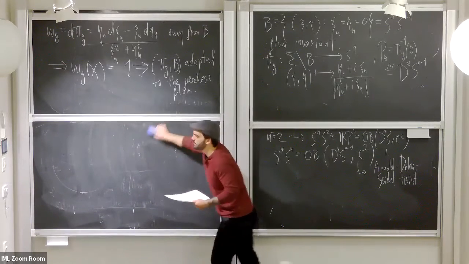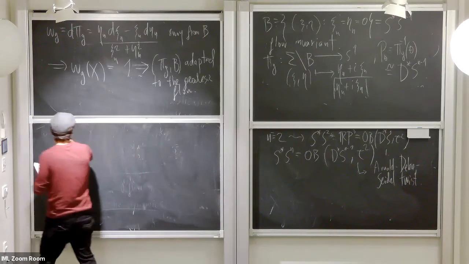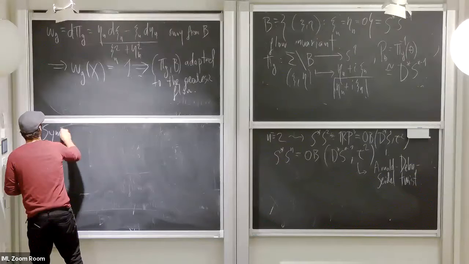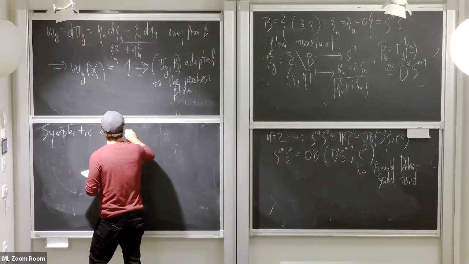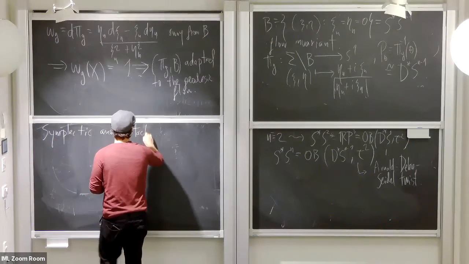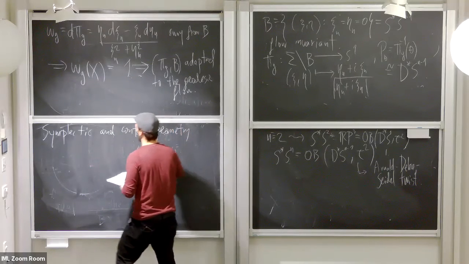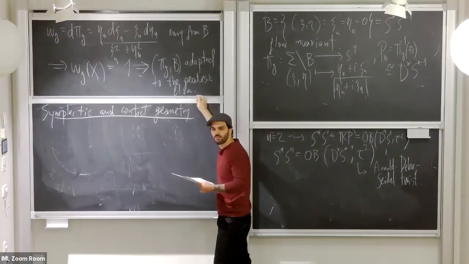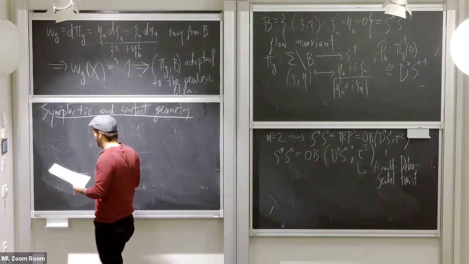So this is where the geometry starts then. I will try to cover the very basics of symplectic and contact geometry. This will be a very quick and rough introduction for those who have never seen it before.